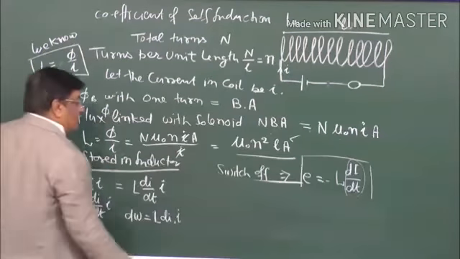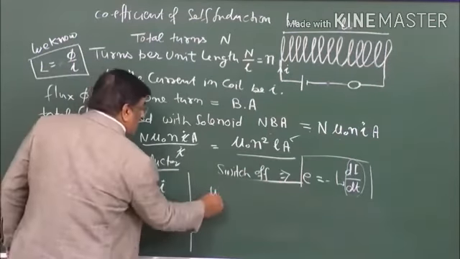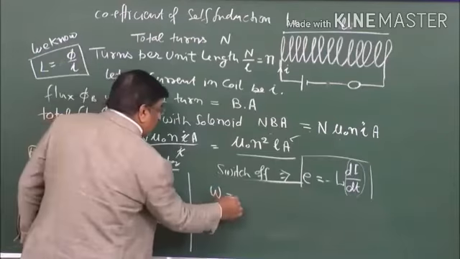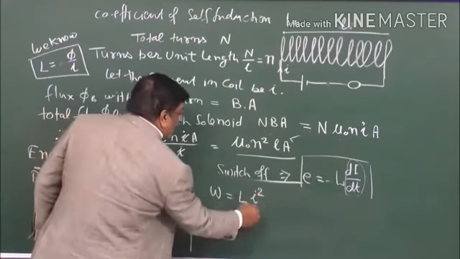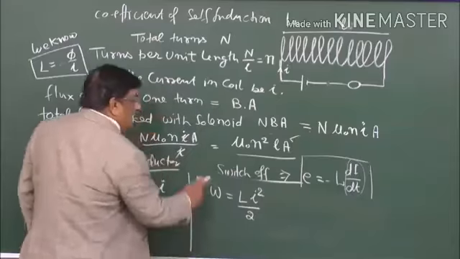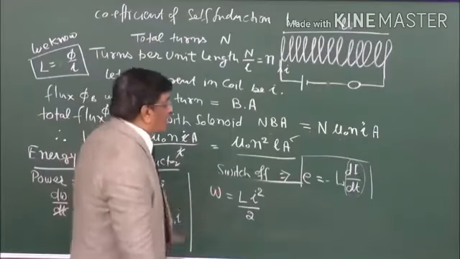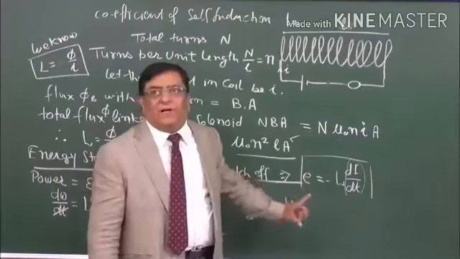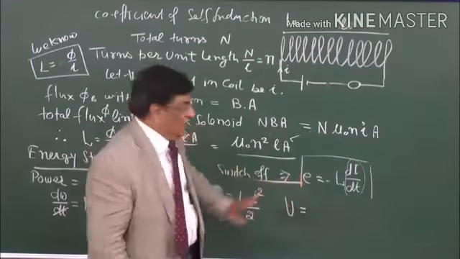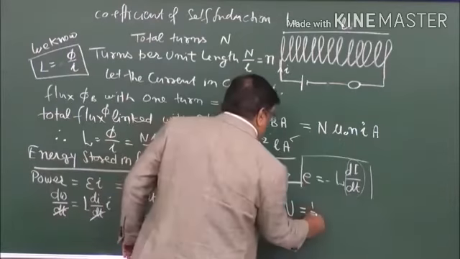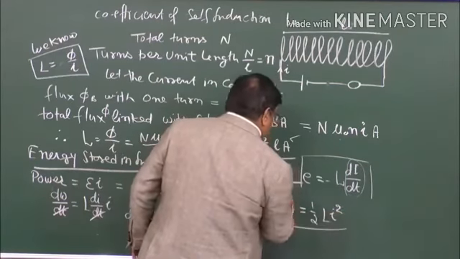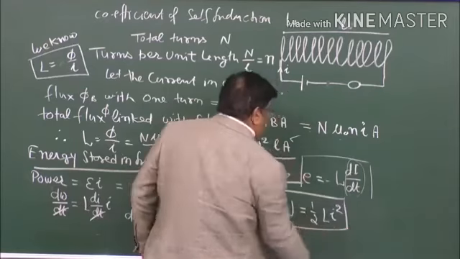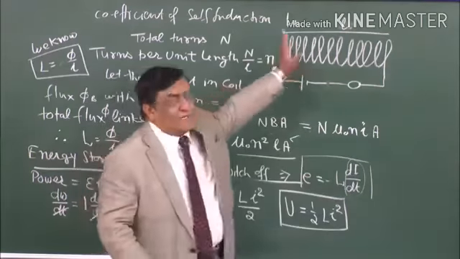Integrate both sides, so work done is equal to L times the integration of I di, which is I square upon 2. And this work done converts into potential energy stored in the inductance. U is equal to half L I square. This is the energy stored in the inductance.